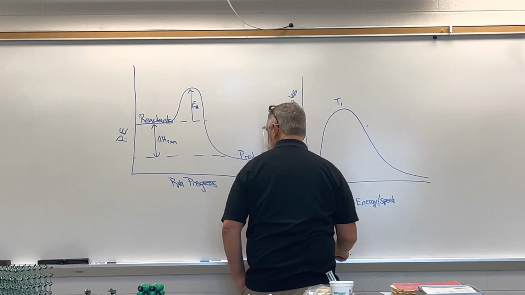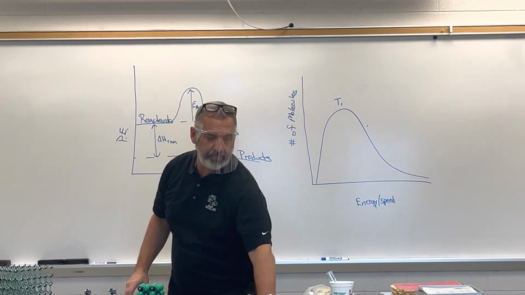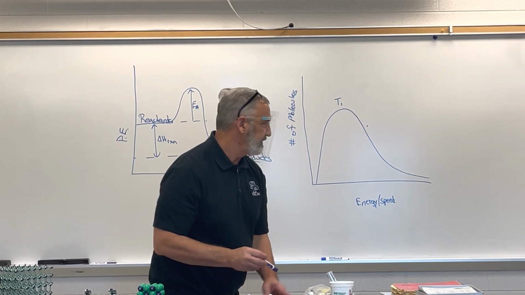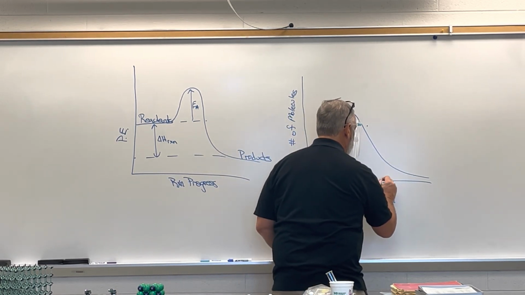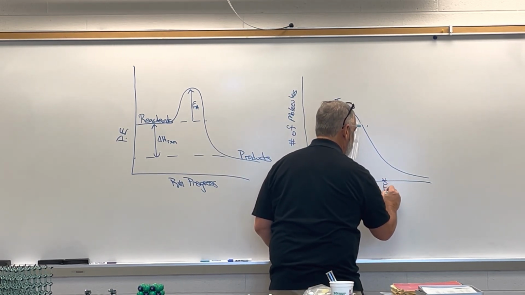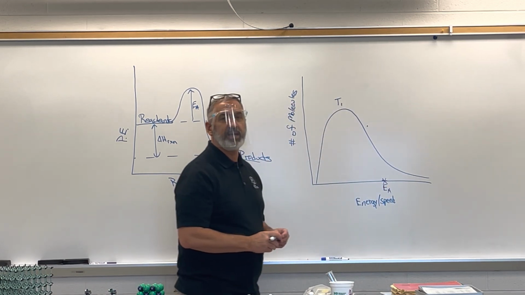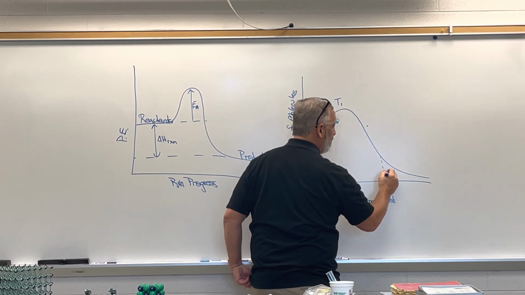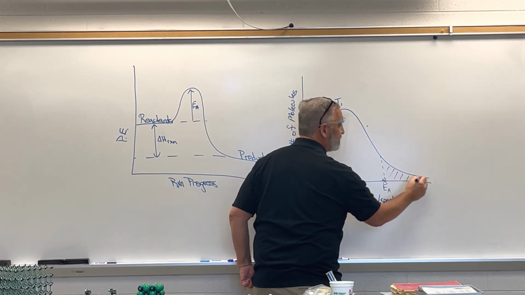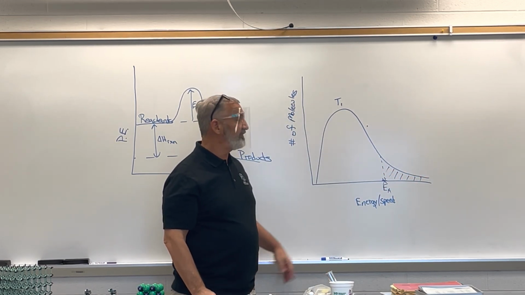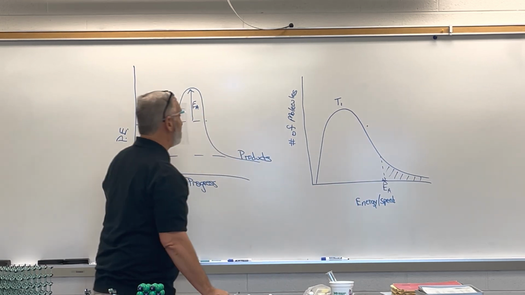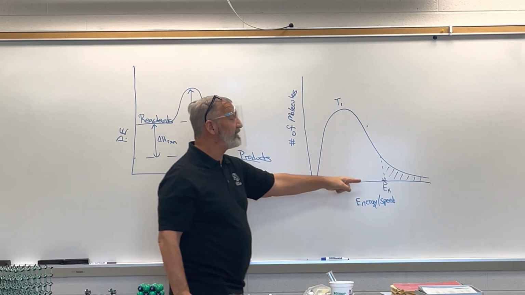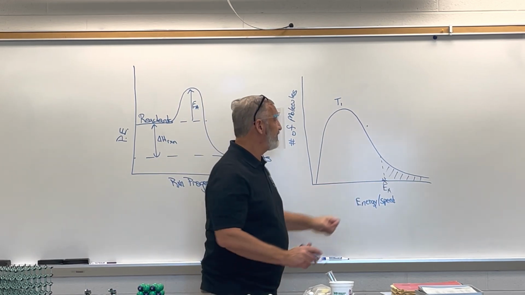Let's just arbitrarily say that you have to have this much energy to make the reaction occur. So only this small fraction of molecules can actually have enough energy to make it up over the hill. We're not talking even about proper orientation or anything. Only this small fraction can make it up over the hill.